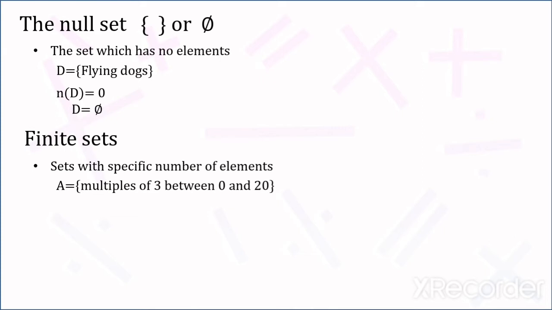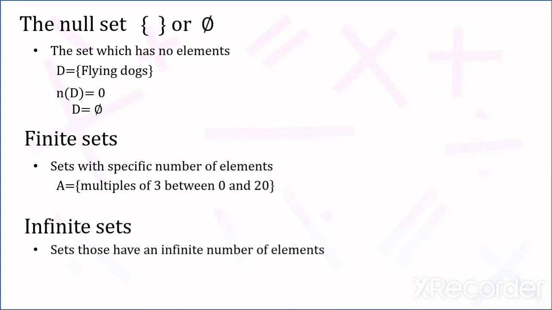That is known as a finite set. Infinite sets means sets that have an infinite number of elements. B, multiples of 5. They have not given a range, so it continues. Multiples of 5. There is no stop.